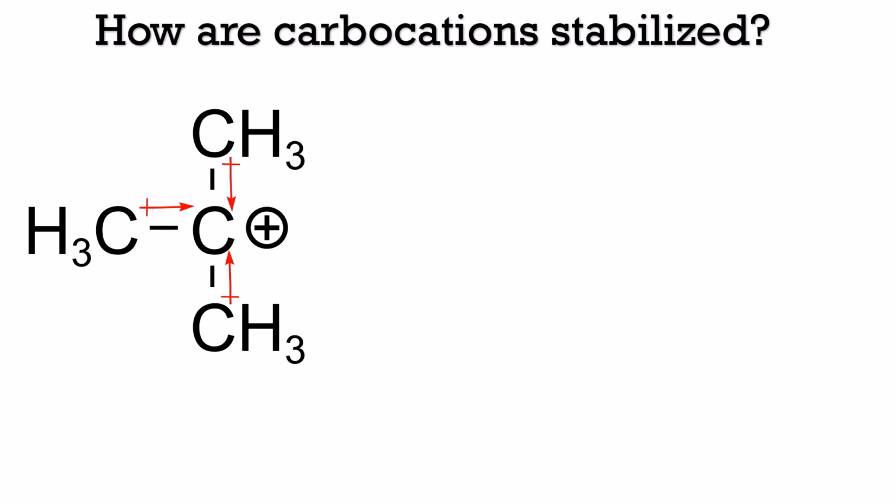So you're pulling electrons towards the carbocation and at the same time causing it to be more stable, because you're decreasing the amount of charge on carbon. And that is a good thing, because a charged atom is unstable relative to its neutral counterpart. So with these three carbon-carbon bonds shown here, those dipoles are pushing electron density towards the carbocation and stabilizing it.